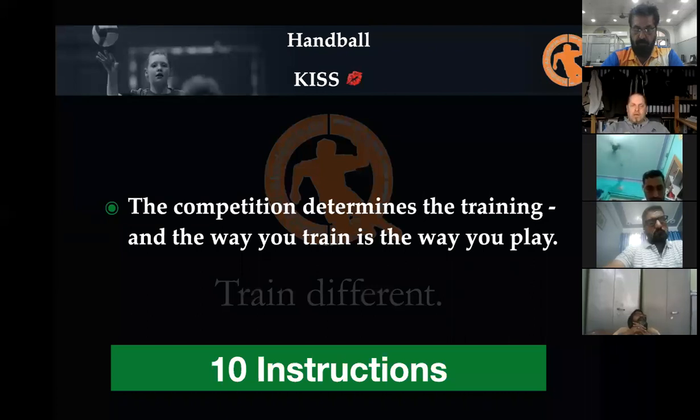Please always have a close look at what is happening in the competition. If you see the players, for instance, in a game with open defense, see what the movements are, what the decisions are, what the technical elements are that the players are using in a successful action. And this has to be extracted and transferred to your training.